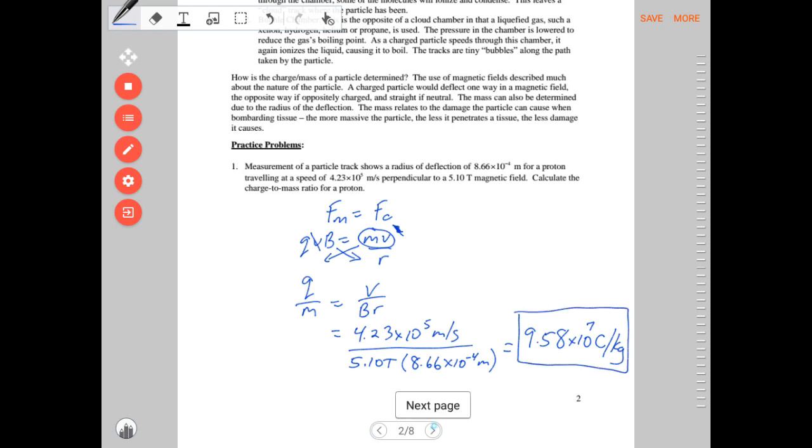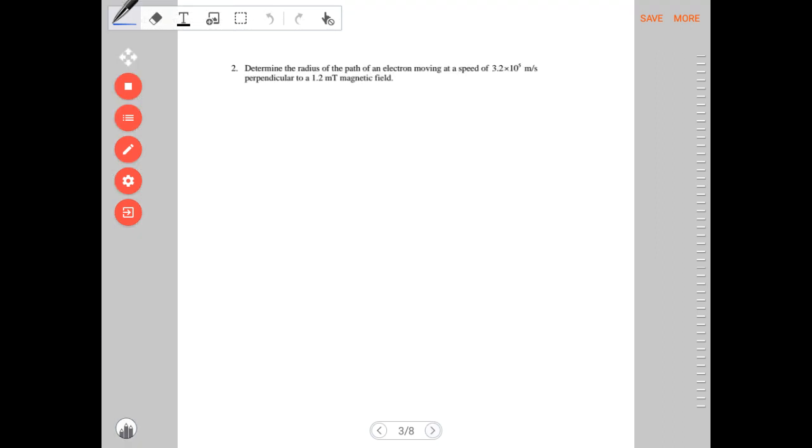Awesome. Next question. Determine the radius of the path of an electron moving at a speed of 3.2 times 10 to the 5th meters per second, perpendicular to a 1.2 millitesla magnetic field. The m, of course, means milli, so that's 10 to the negative 3. So again, as soon as you see this radius of a path, that gives you the centripetal force.